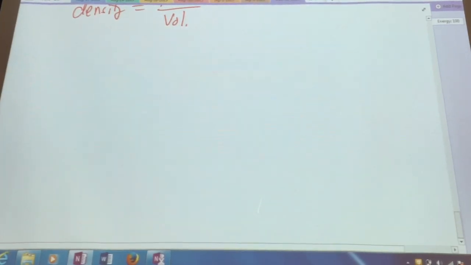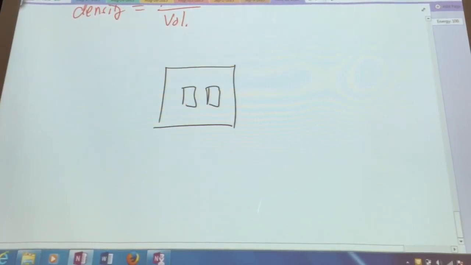Does it sound like anything you might have heard of? Water and ice, yeah. So it's the same stuff. So if we have water and ice, here's a couple of ice cubes. And this is water.